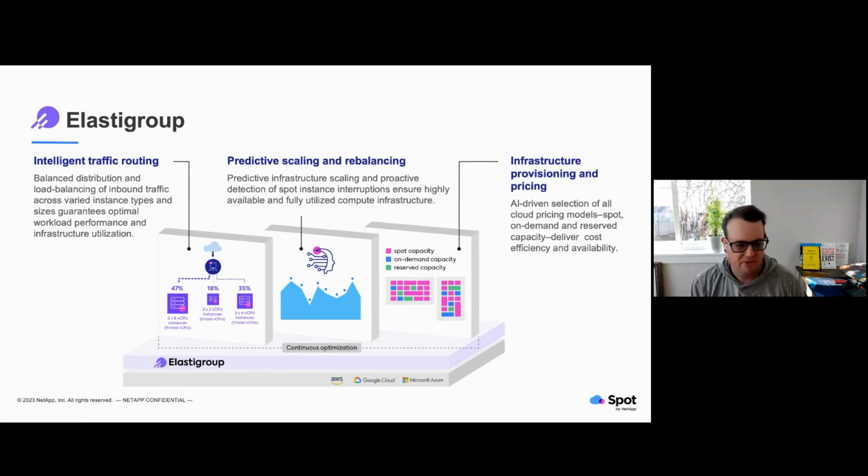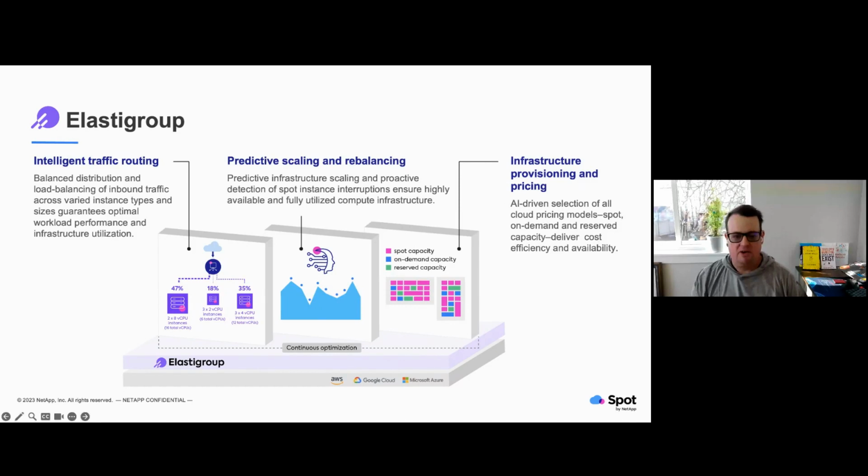We have 18% on 6 vCPUs, and we have 35% utilization on 12 virtual CPUs. Because we can do the predictive scaling and rebalancing, and we're watching your workloads, the predictive infrastructure scaling means that we are constantly running simulations behind the scenes to figure out which infrastructure is going to work best. And then we go out and we acquire a mix of instances that meet your workload-specific requirements.